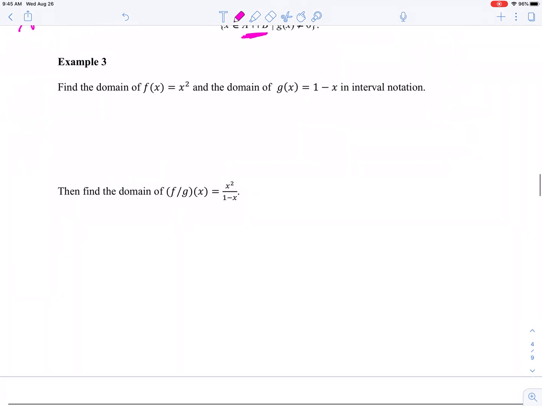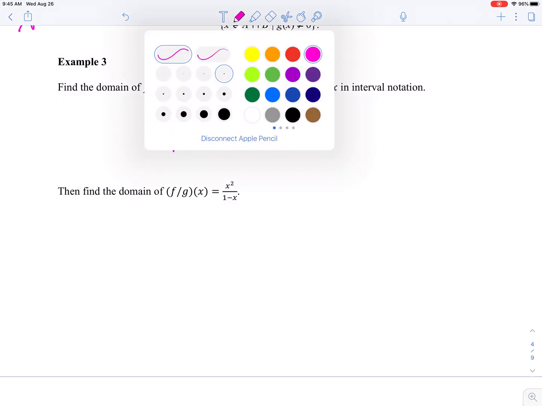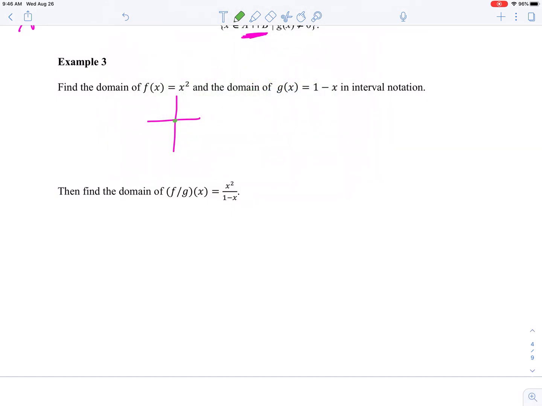Let's do another example here. Find the domain of f of x equals x squared. Quick review, x squared, we should know that. That is a parabola, right? With a vertex of 0, 0, facing upwards. It's good to review these things.